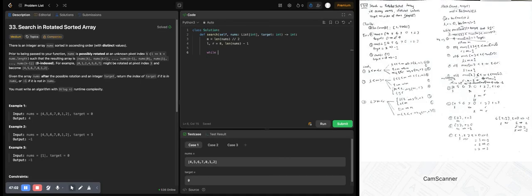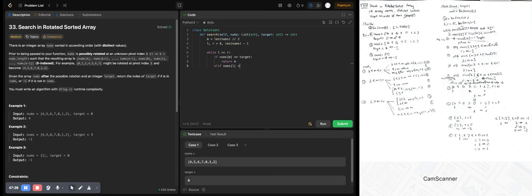Then the while loop is going to check whether left is still less than or equal to right. Then we will check the mid first. If nums of m equals target, then return m.